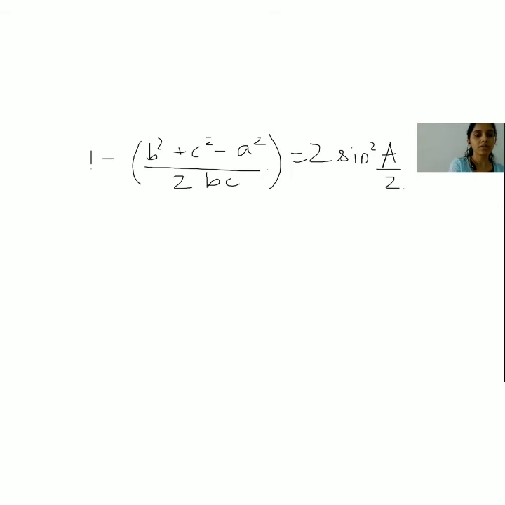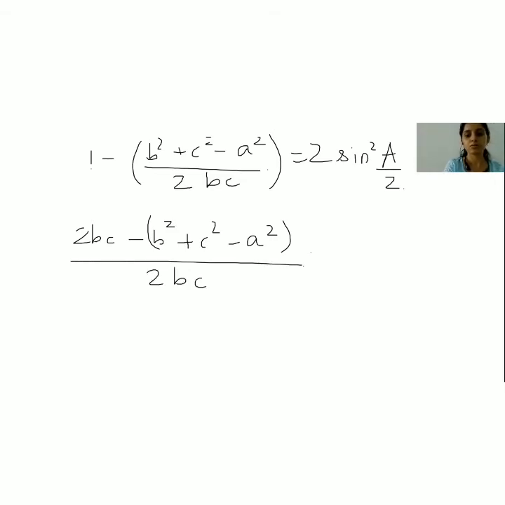Now next step, taking LCM, so we'll have 2bc minus b square plus c square minus a square, okay, upon 2bc is equal to 2 sine square A by 2.